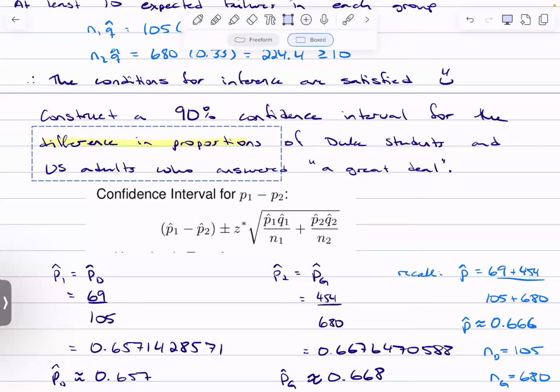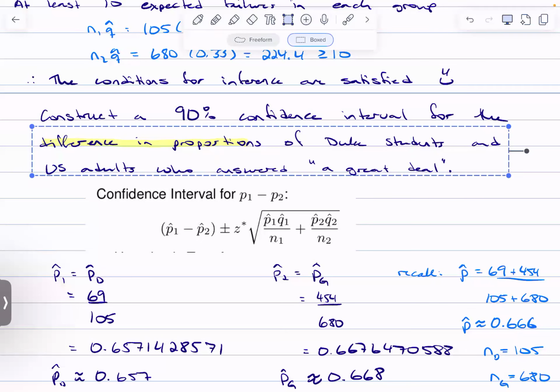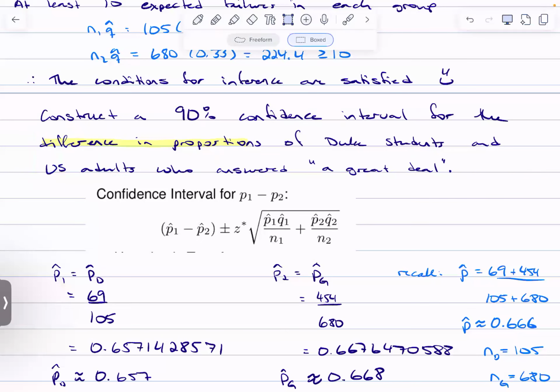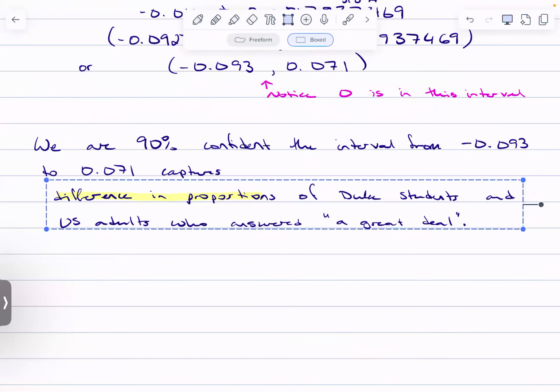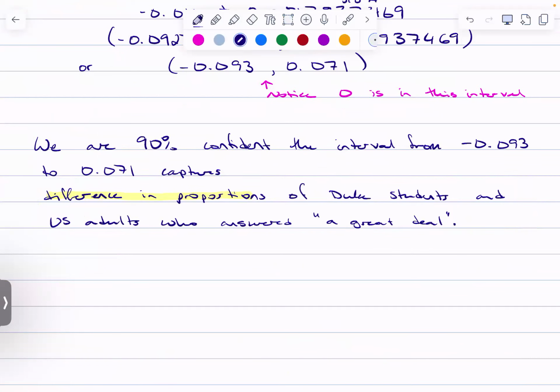And no, it doesn't need to be beautiful, clearly. Captures the difference in proportions.